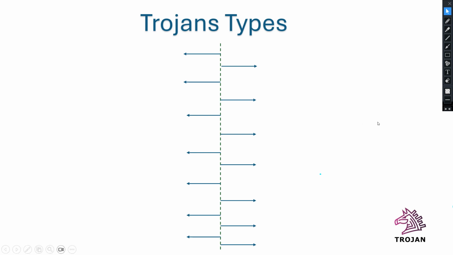The very first is remote access Trojans. Okay, these are called RATs. There are a number of RAT Trojans. So these are the types of RAT.